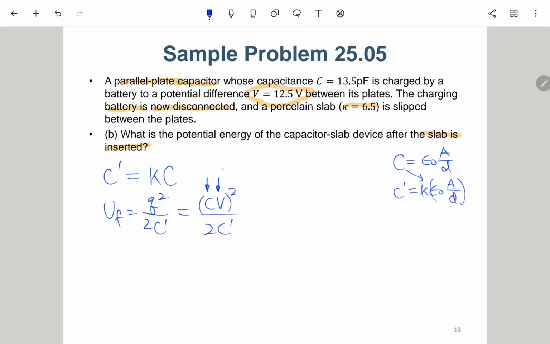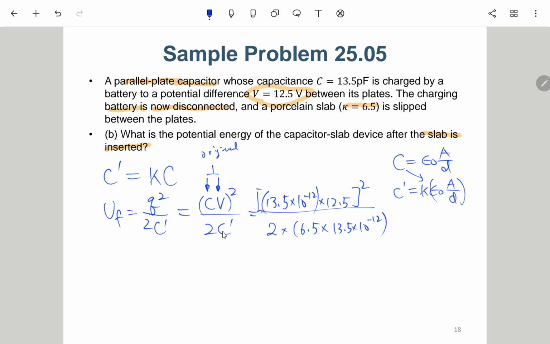So this is the original C and V. Okay. So this is actually 13.5 times 10 to negative 12, and then times V is 12.5, and then whole squared, and then over 2 times 6.5 times 13.5 times 10 to negative 12.